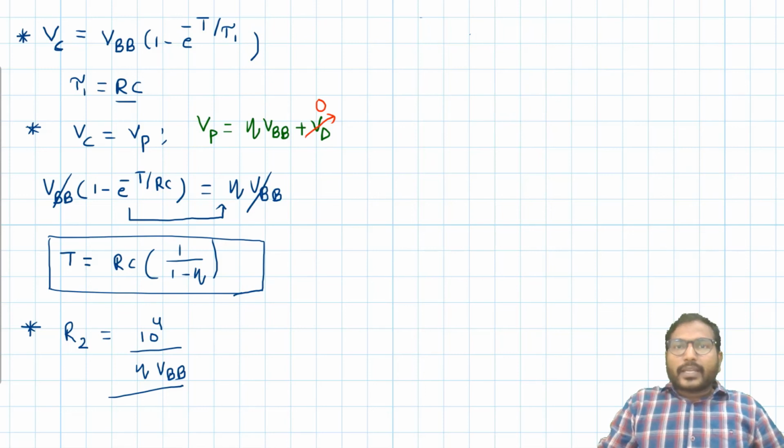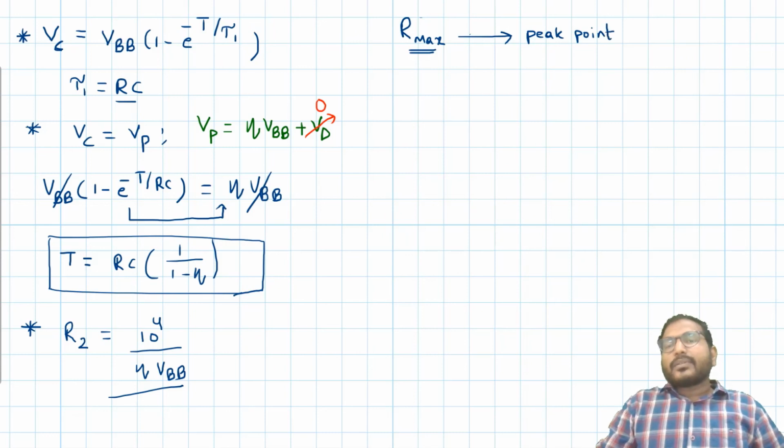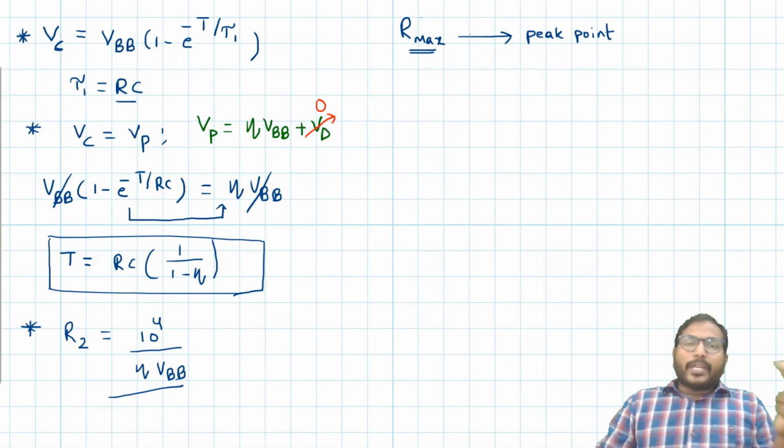Right, coming to the calculation of R maximum, the resistance in the charging path related to the peak point. In UJT operation we have two points: one is the peak point or maximum point, and the other is the valley point or minimum point. That's why we are calculating R max and R minimum.